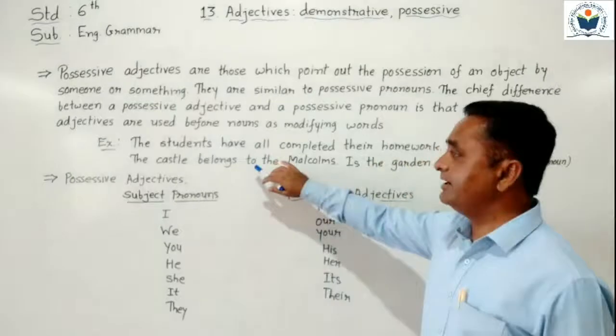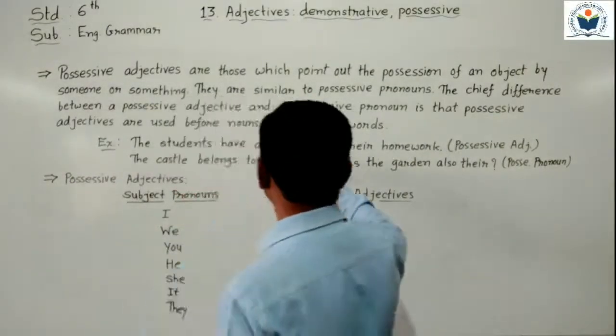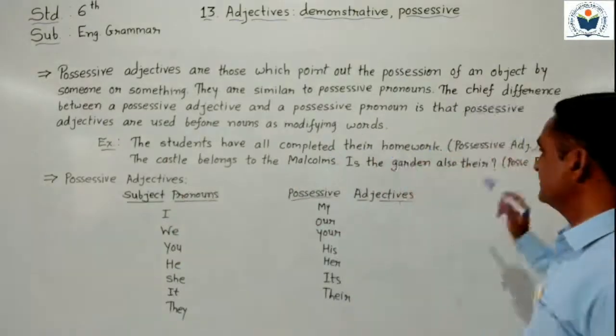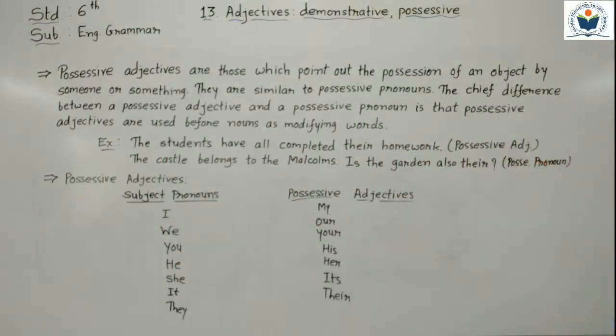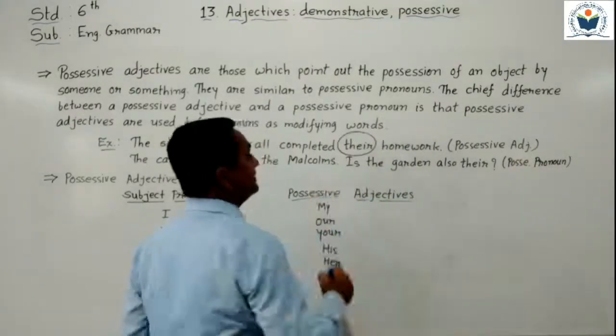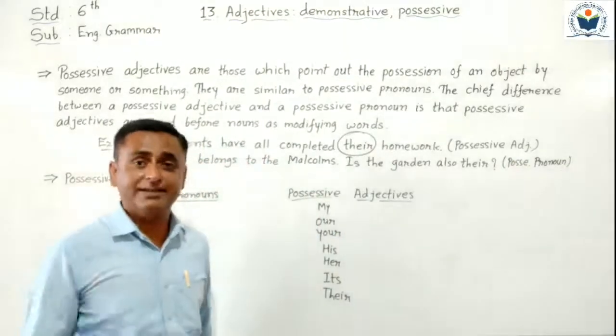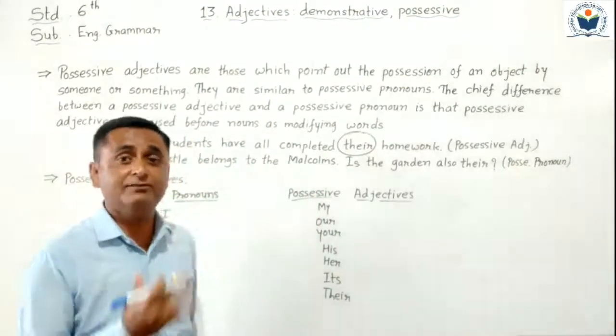Which example do we have to understand? Example is given here. The students have all completed their homework. Which is here, possessive adjective or possessive pronoun? Can you find out? Here, their, T-H-E-I-R, is used as a possessive adjective. How can I say that it's a possessive adjective?